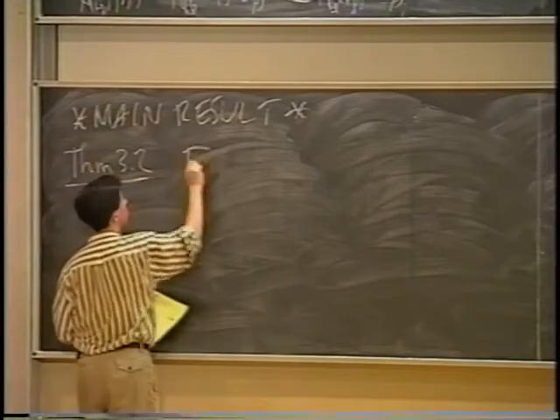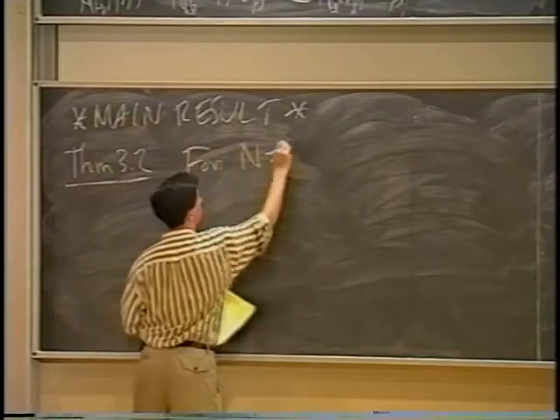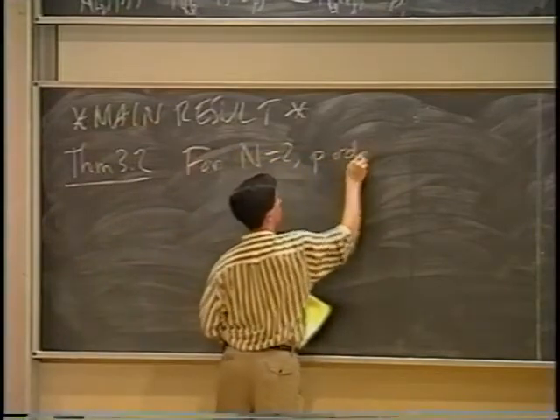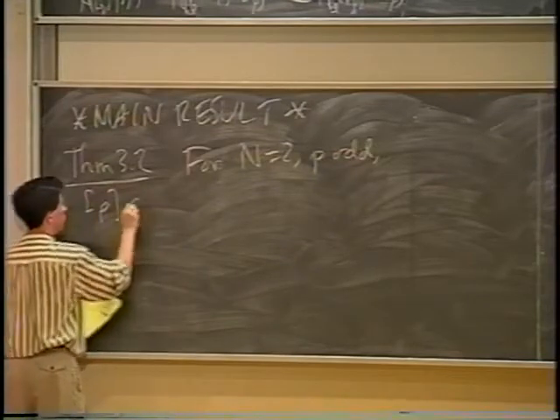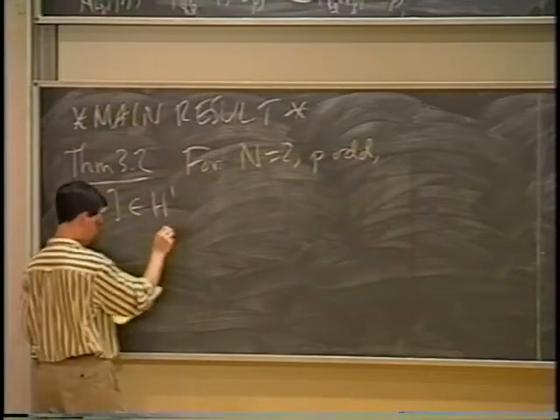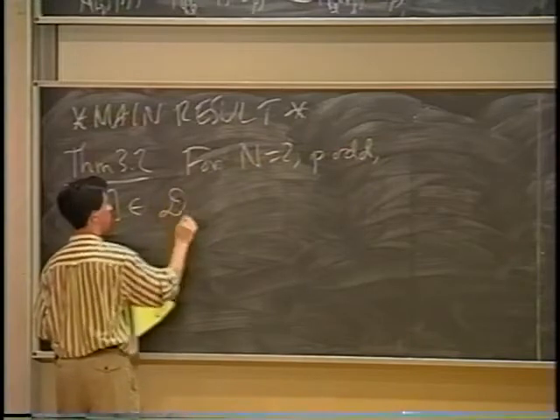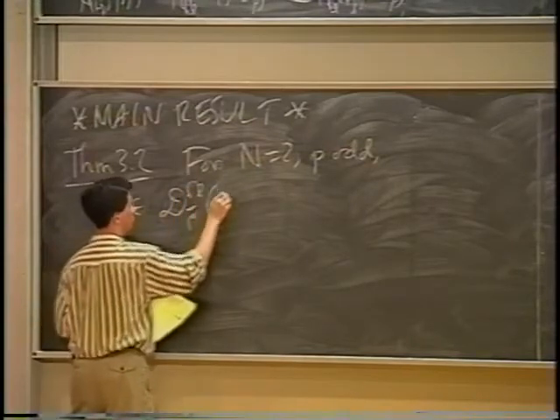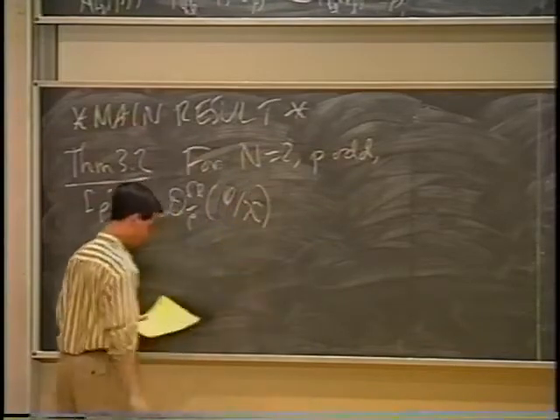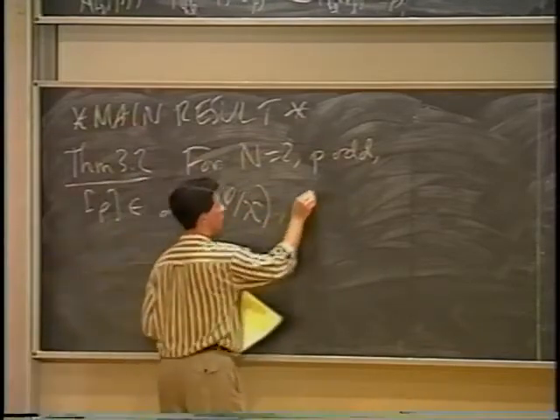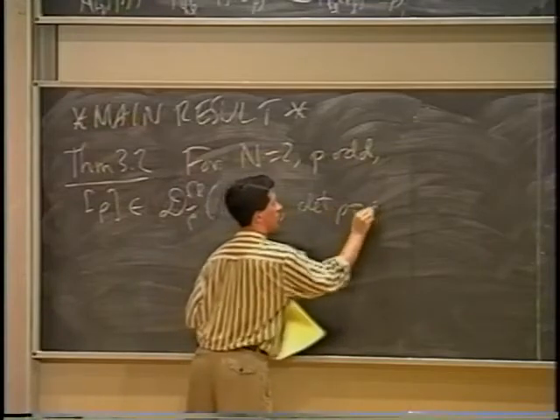Okay, so for n equals 2, p odd, p doesn't divide n, and we fix a rho. Oops, there's a flat deformation. So O mod lambda to the n. Okay, and say we even require the determinant to be cyclotomic.